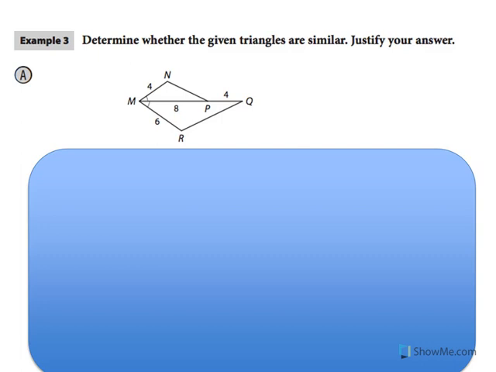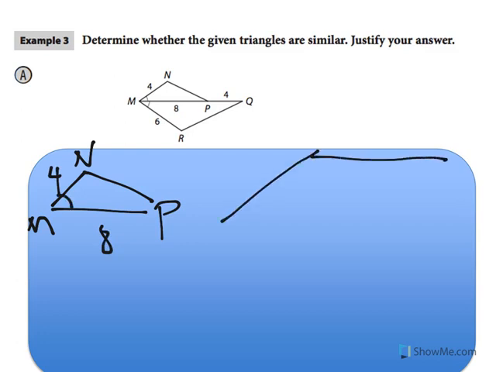Okay. Determine whether the given triangles are similar. Justify your answer. So let's redraw these two triangles. So we have this one, M, N, and P, given that this is 4, and this is 8. Let's draw the larger triangle.